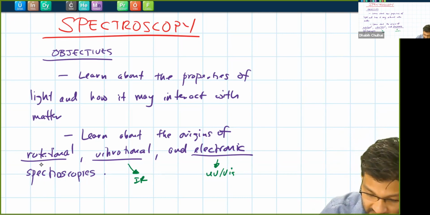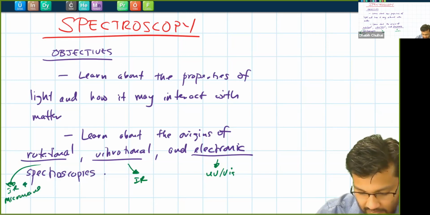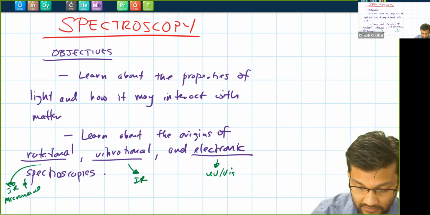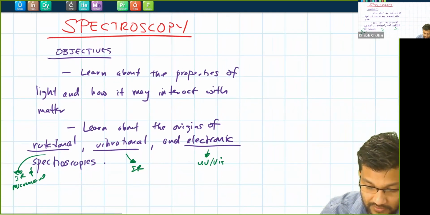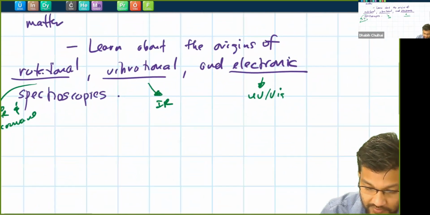I don't know if you've done any rotational spectrum, but that's also part of IR and microwave region. Microwave. So I feel like you've had some experience with these, so we're gonna focus on those. There are other types of spectroscopy that you probably did have experience with, but unless you really want to talk about those, we're not going to.